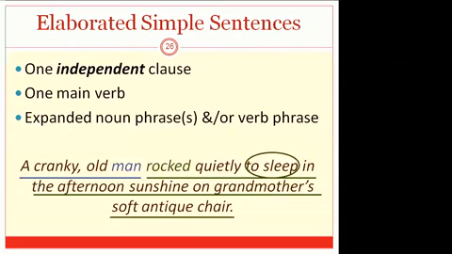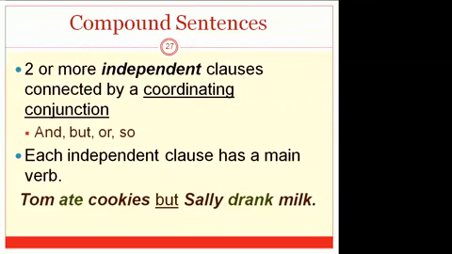So we've talked about simple sentences and elaborated simple sentences. Now let's talk about compound sentences. In compound sentences, we're still working only with independent clauses. But this time, we have two or more independent clauses.